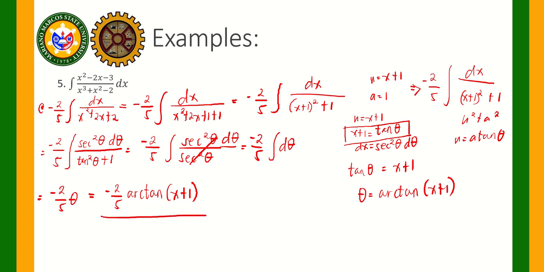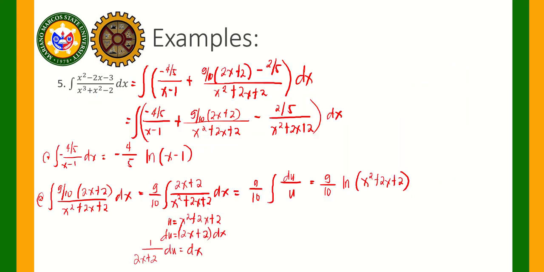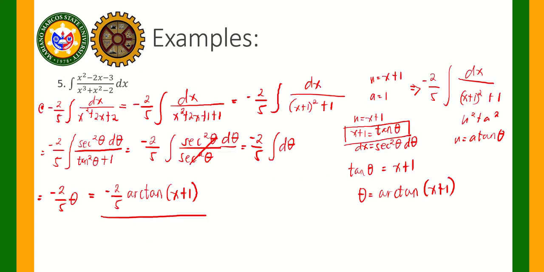Now, what we will do is input it here. Where? Okay, from here, let's use negative 4 over 5.